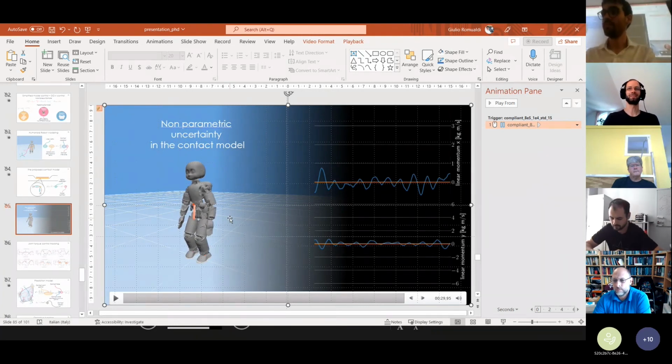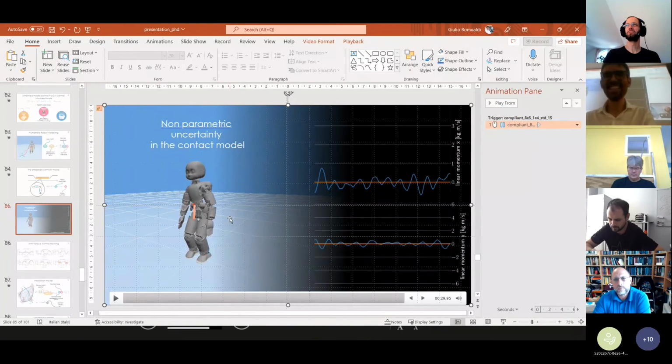I have a very specific question related to one of my long-term targets, which I myself never solved. What would happen if you lift the robot up, using a crane or whatever? Would the controller go unstable? Yeah.